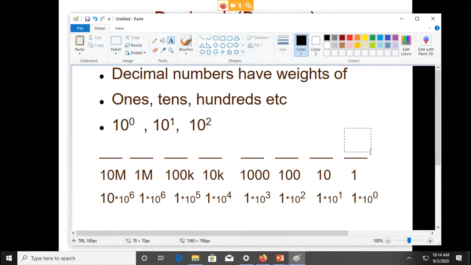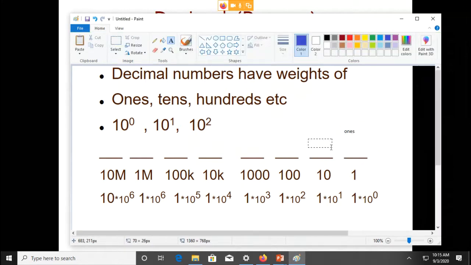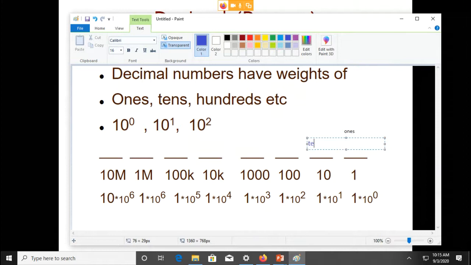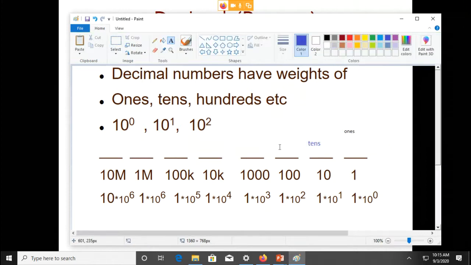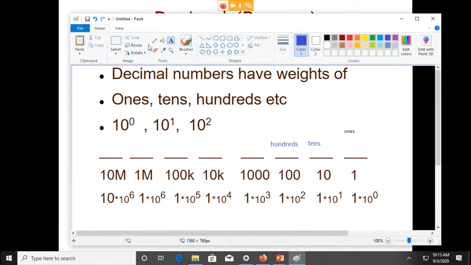All right, so this over here, of course, is the ones column. And this is the tens column. And this is the hundreds. Okay. So why is that?